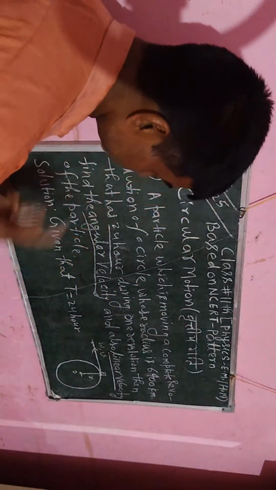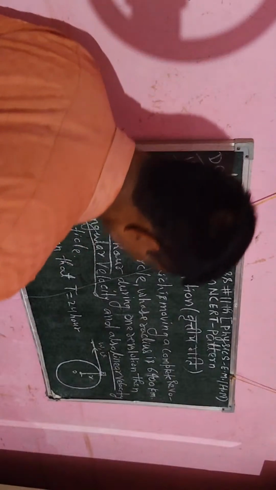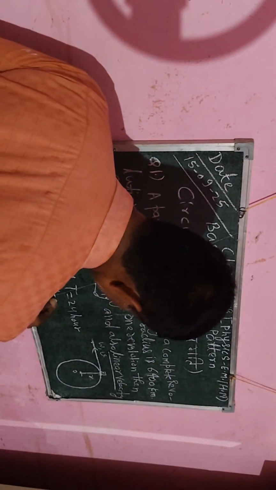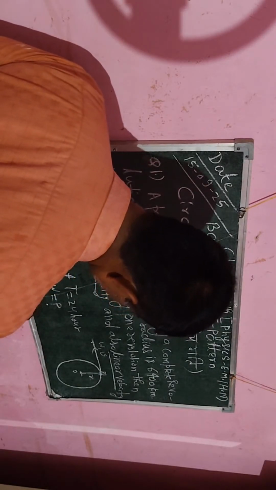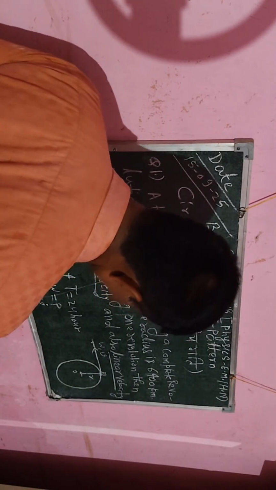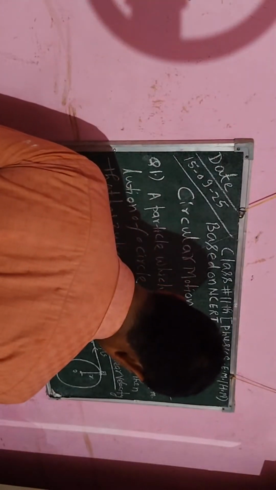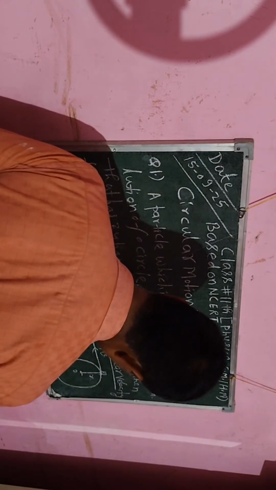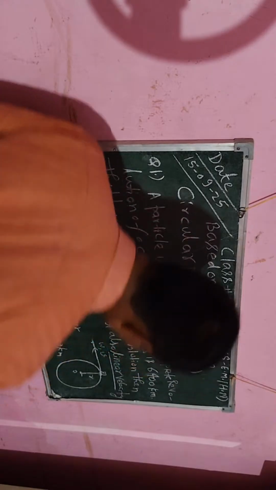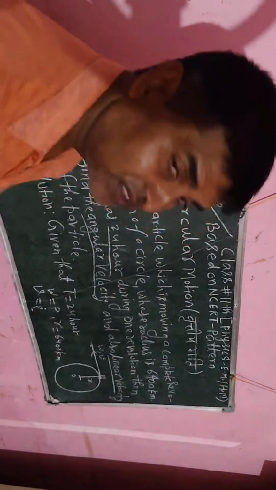After converting, then I will use it in the formula. We have to find angular velocity and also linear velocity, and radius is also given here. R is equal to 6400 kilometer. So these are the information given in the question.